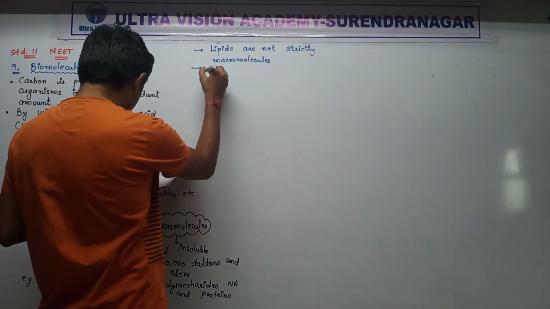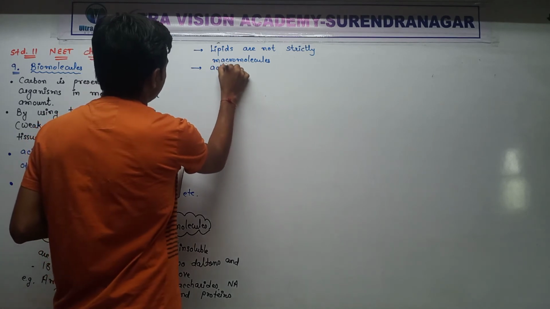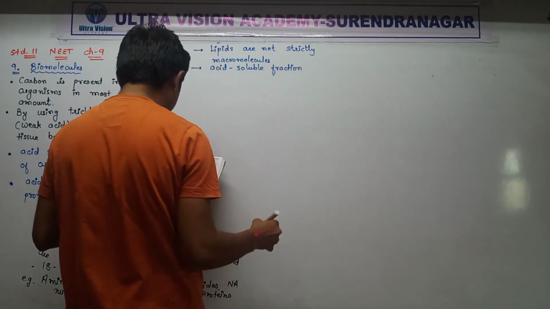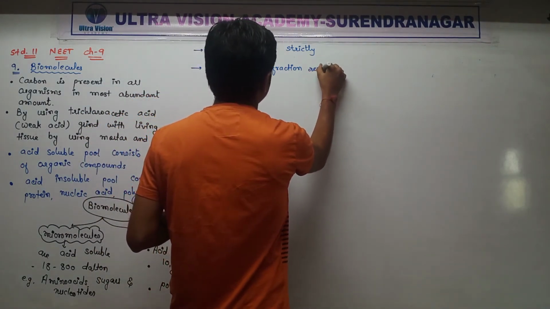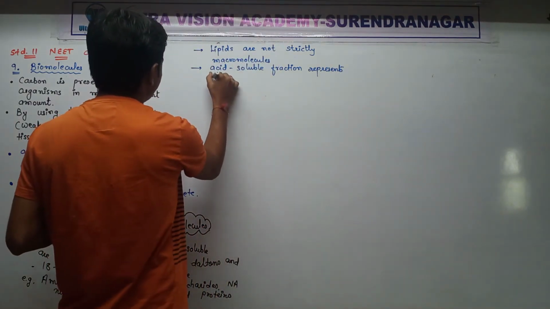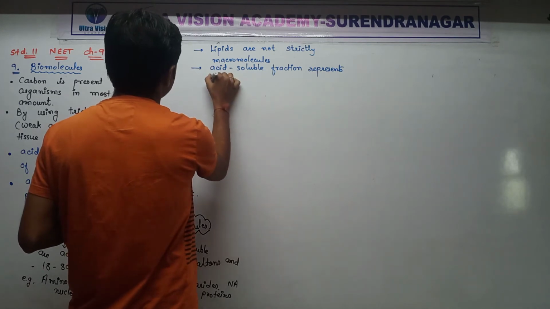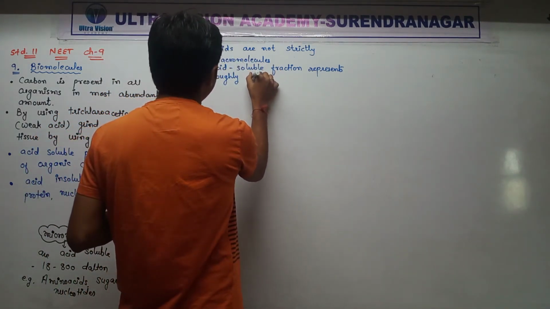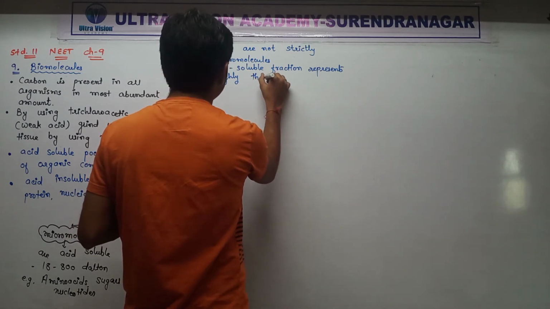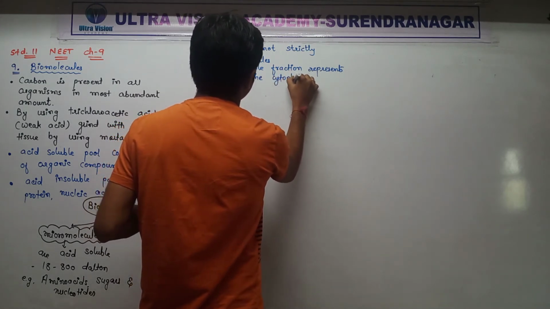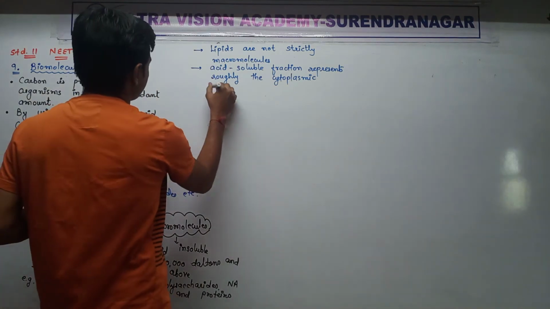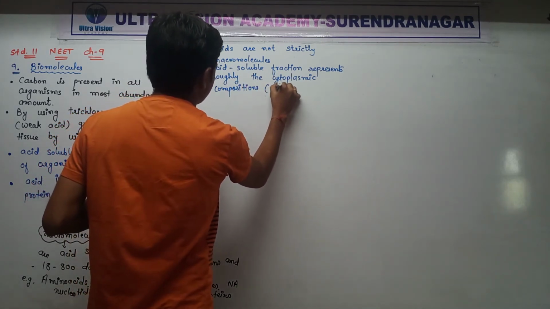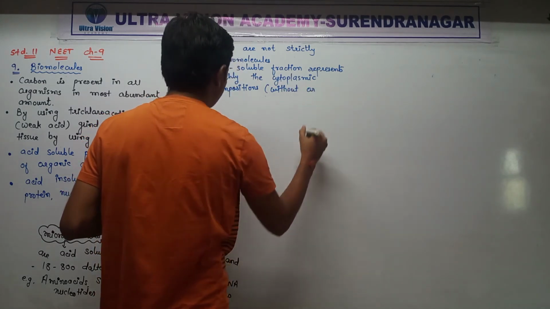The acid soluble fraction represents roughly the cytoplasmic composition without organelles.